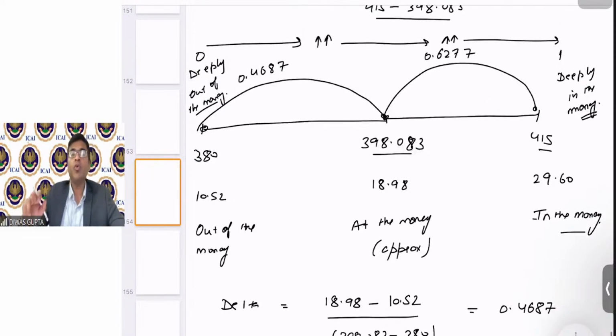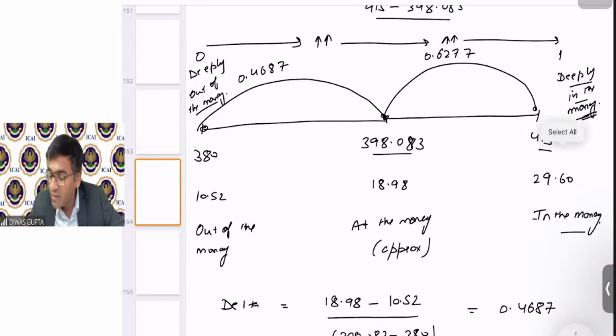That for every 1 rupee increase in the share price, the value of the call option is also increasing by 1 rupee. This will happen once you are deeply in the money. Even if the spot price comes to 500, for example, every 1 rupee increase will give you a 1 rupee increase in the value of the call option.